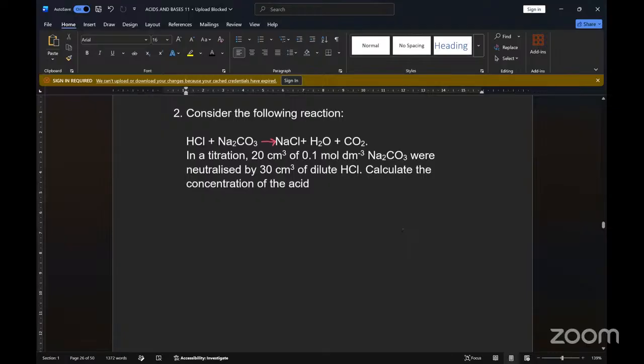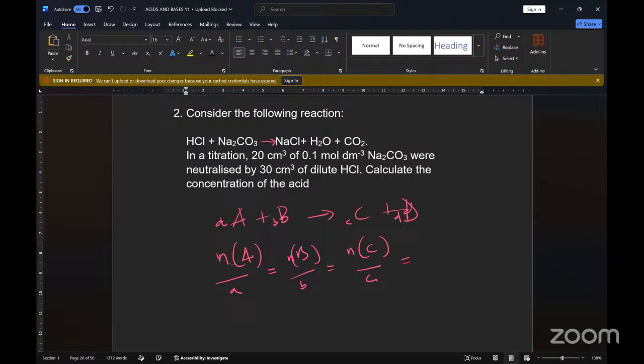You would recall when I was teaching you the mole concept, I said that if you have a reaction, let's say A plus B to give you C plus D, and the coefficients here are a, b, c, and d, then the number of moles of A divided by the coefficient must be equal to the number of moles of B divided by the coefficient, must be equal to the number of moles of C divided by the coefficient, and must also be equal to the number of moles of D divided by the coefficient d. And I said you can turn it upside down.